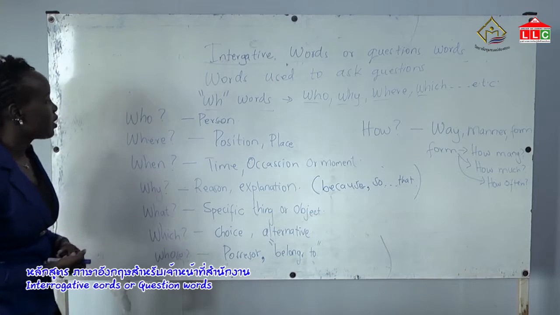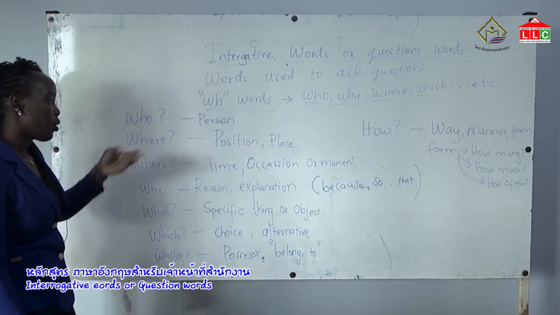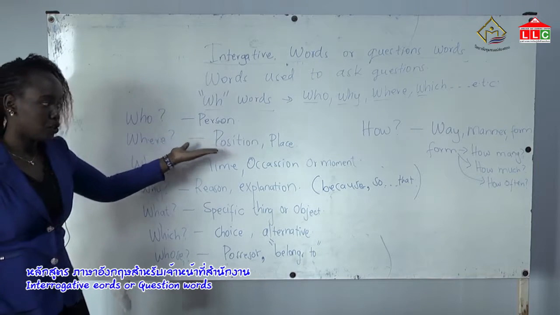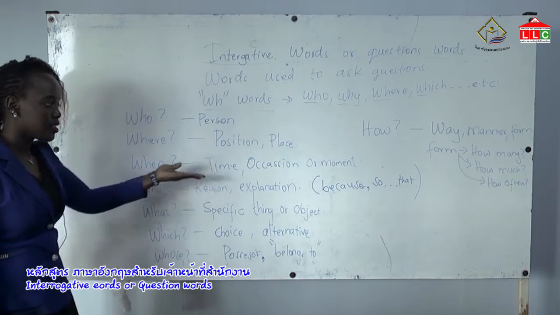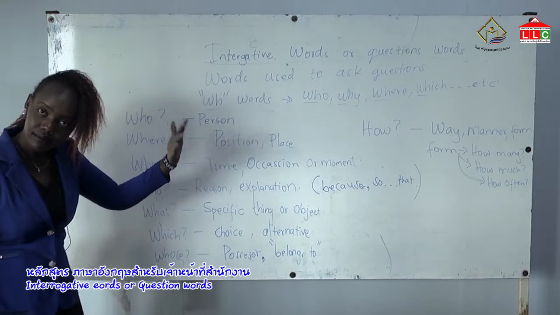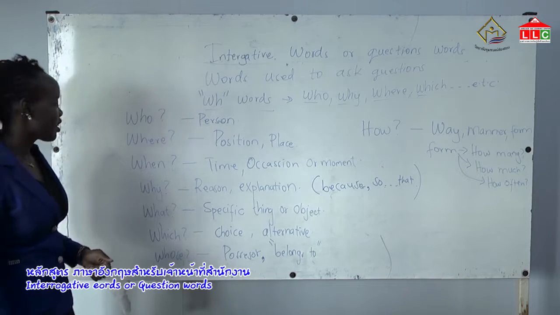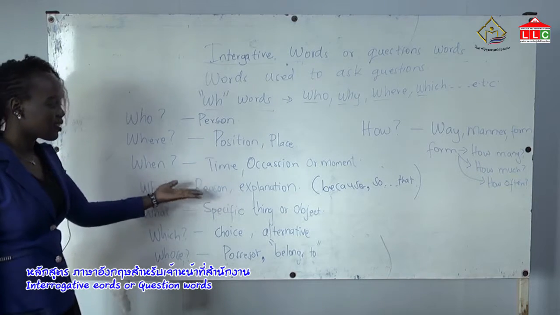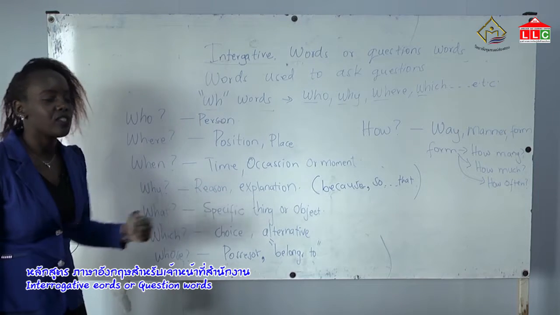So let's see, we discussed who. It means person. Where, position. And very good, when, time, occasion. Very good, you're a fast learner. Why, reason and explanation.